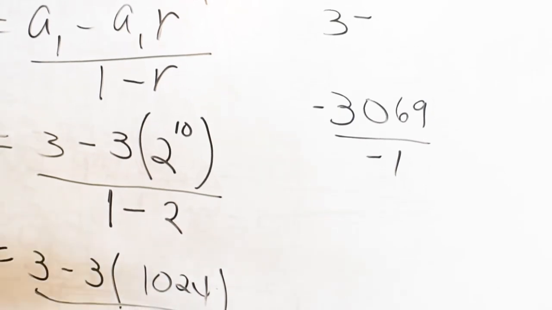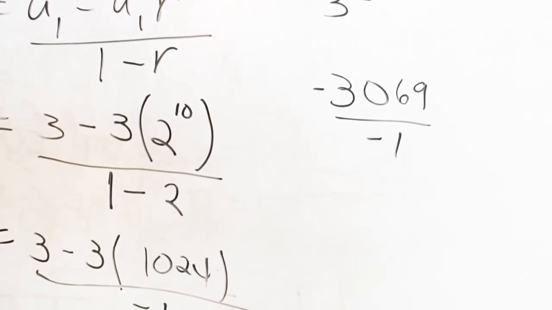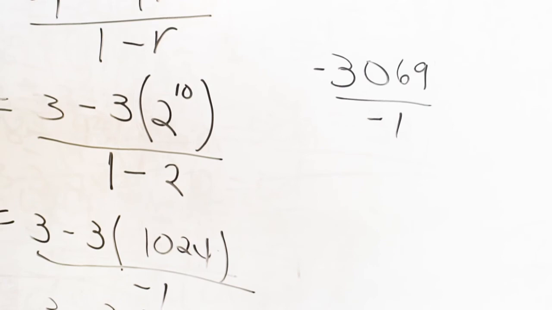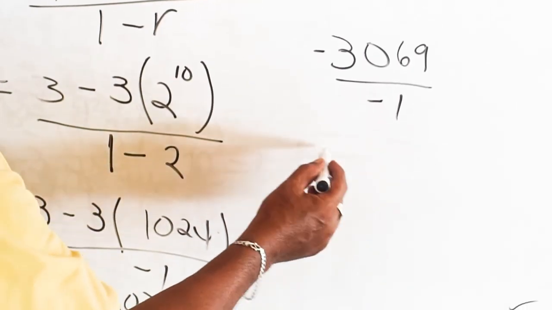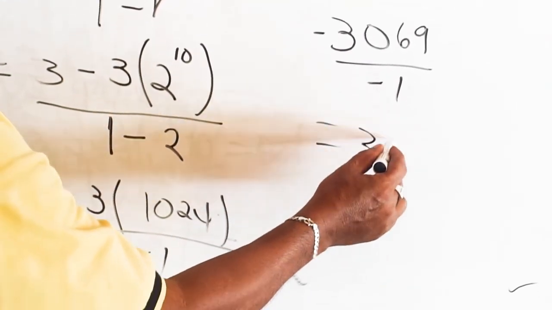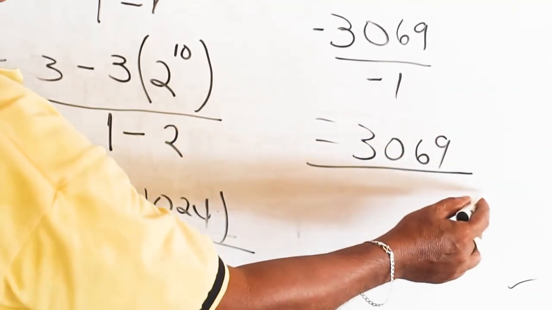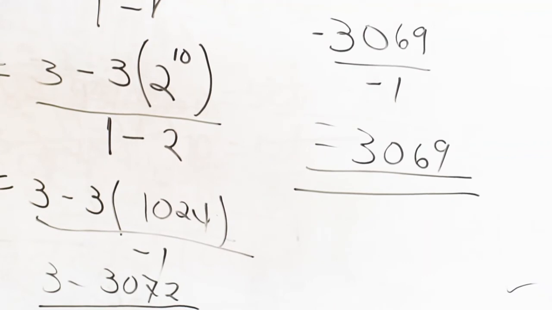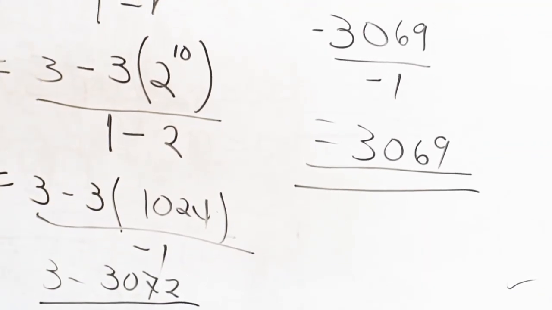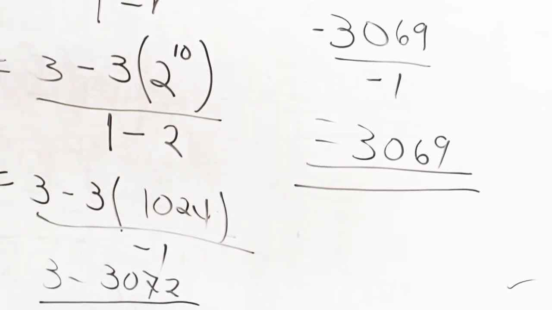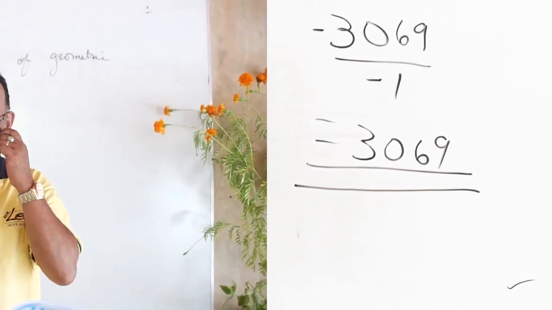So divide negative 3,069 by negative 1. So the answer is positive 3,069. So this is now the sum of the first 10 terms of the geometric series 3 plus 6 plus 12 plus 24.